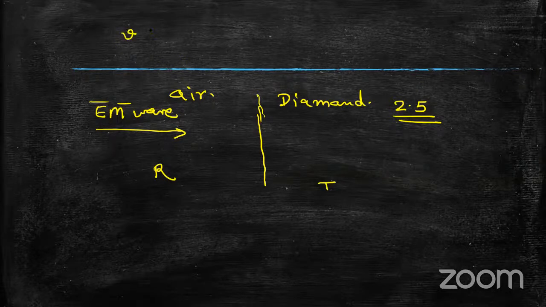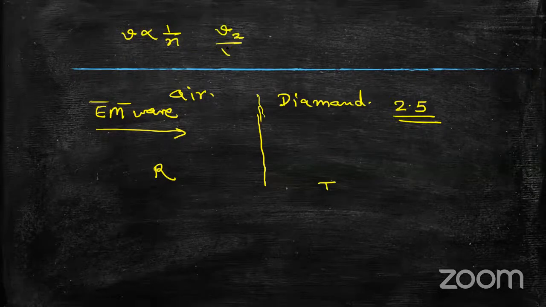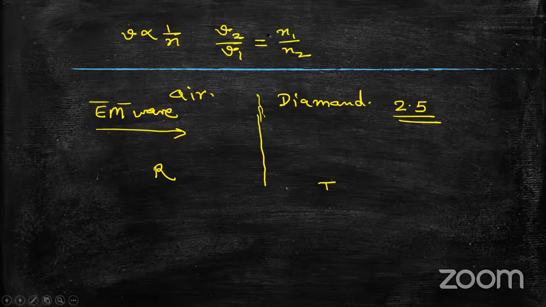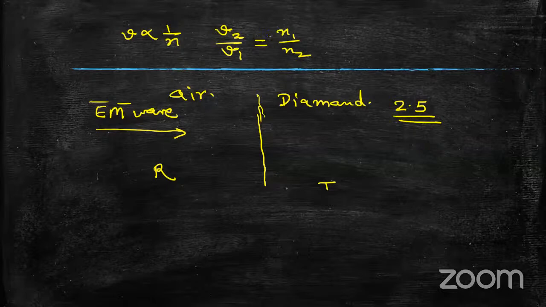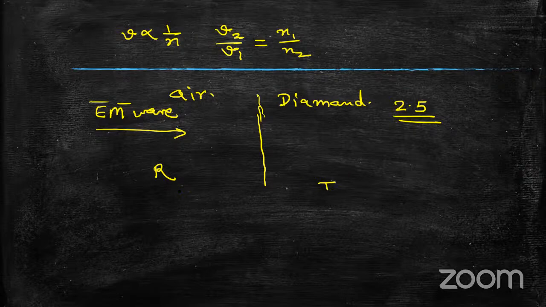Velocity is inversely proportional to the refractive index, right? So we had V2 by V1, which can be written as N1 by N2. So V2 and V1 can be simply replaced by N1 and N2. So the whole equation can be written that way. Once you have that, you can find out what T and R are.